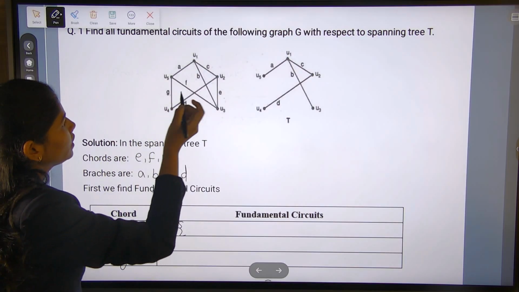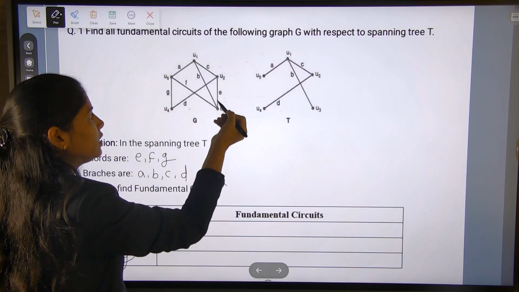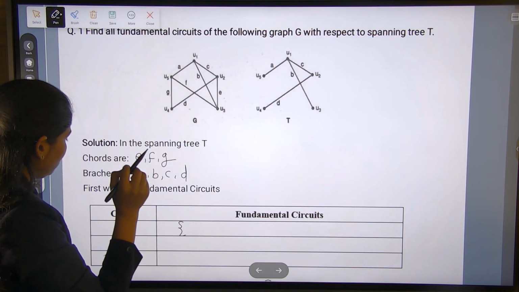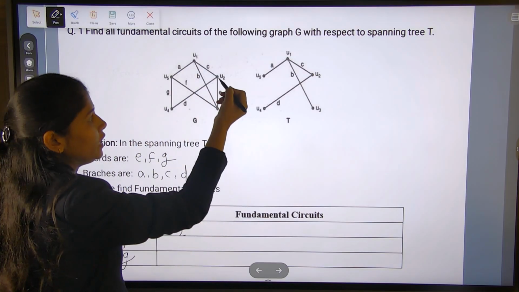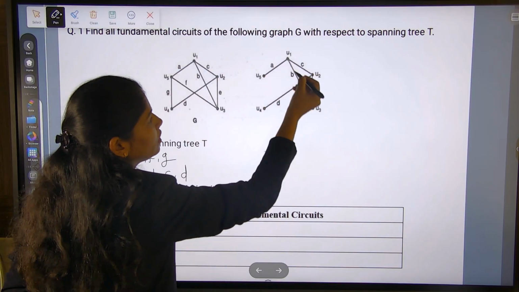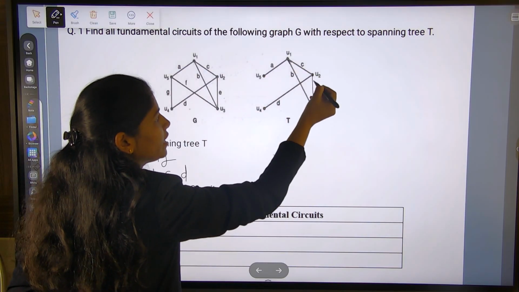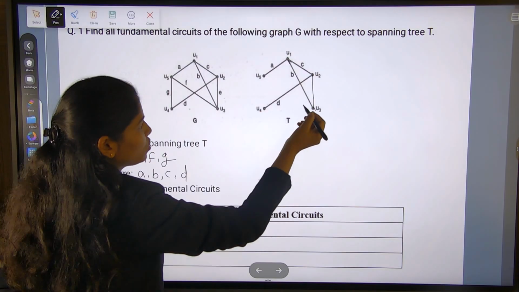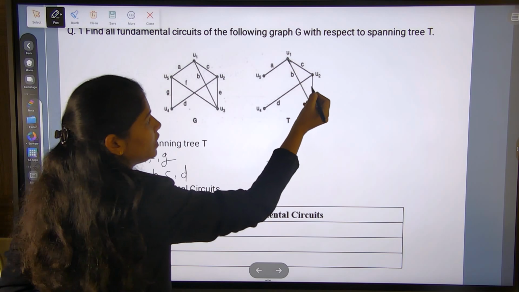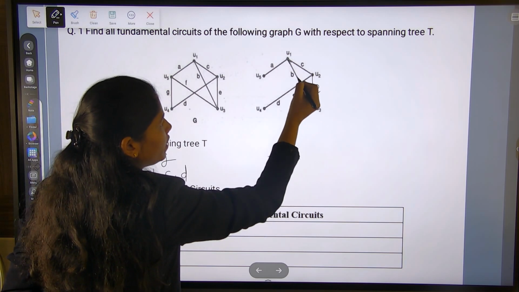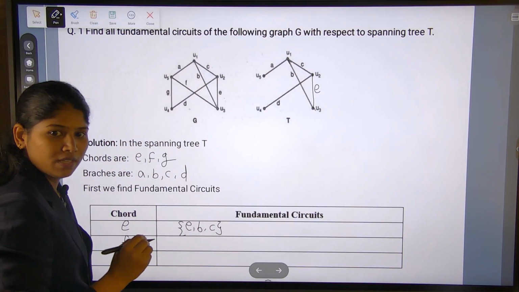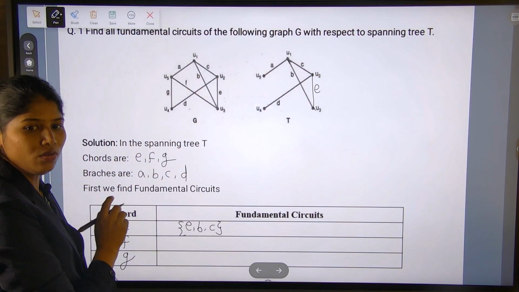We pick that chord E and put it here. So we get one cycle. This cycle is the fundamental circuit. So write down the cycle containing the edge E, then B and then C. That's it. This is the fundamental circuit for the respective chord.